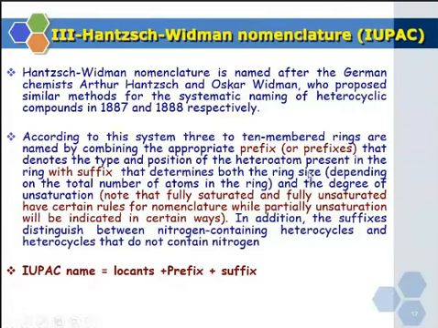So when we talk about this Hantzsch-Widman nomenclature method, there will be a prefix as well as a suffix. The prefix denotes the type and position of the heteroatom present in the ring, whereas the suffix tells us about the ring size and the degree of saturation or unsaturation.